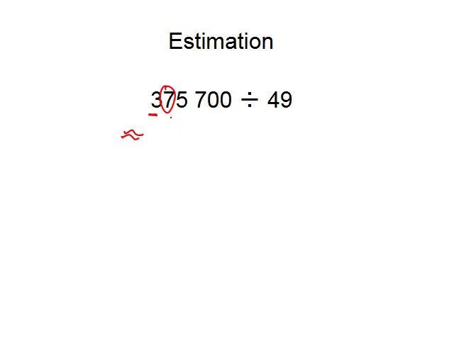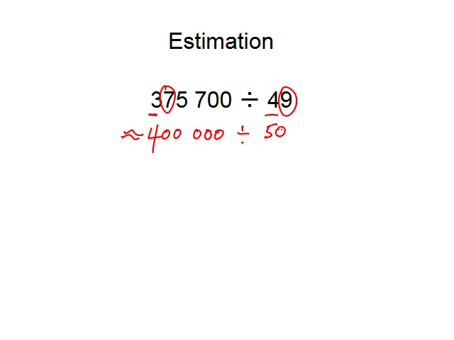But because the 7 is in the 5 or more category, the 3 will go up to a 4, and we need to replace all those other digits with zeros. And looking at the next one, we've got 4 as our most significant digit, 9 as the next, so the 9's in the 5 or more category, so we're going to round the 4 up to a 5. So we're going to have 400,000 divided by 50.